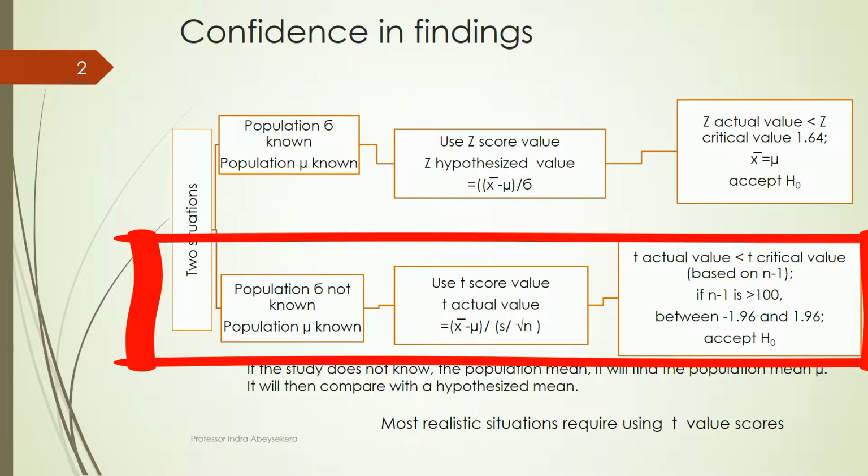We take the difference between the two means and standardize it. Because we are taking the sample standard deviation rather than the population standard deviation, we adjust the sample standard deviation by dividing by the square root of n.